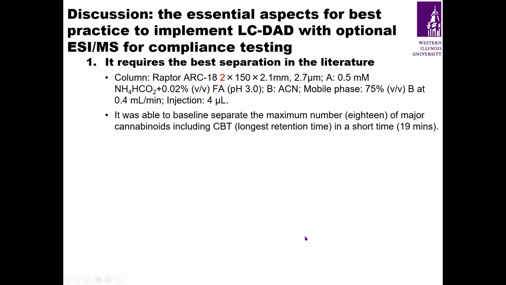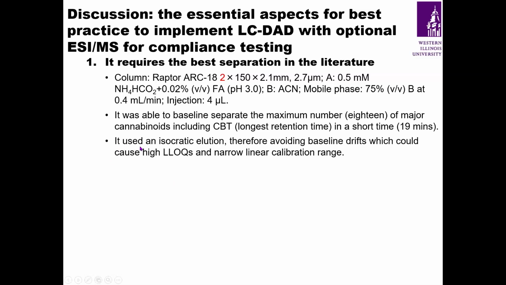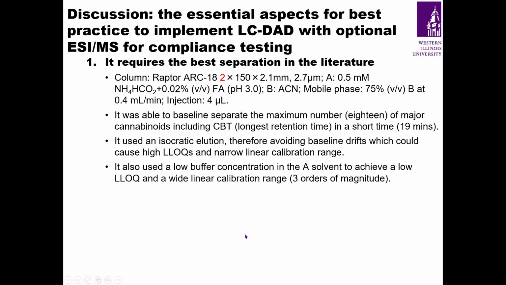A few aspects. It was able to baseline separate the maximum number, 18, of major cannabinoids, including CBT, with the longest retention time, in a relatively short time, 90 minutes. It uses an isocratic elution, therefore avoiding baseline drifts, which could cause high LLQs and narrow linear calibration range.